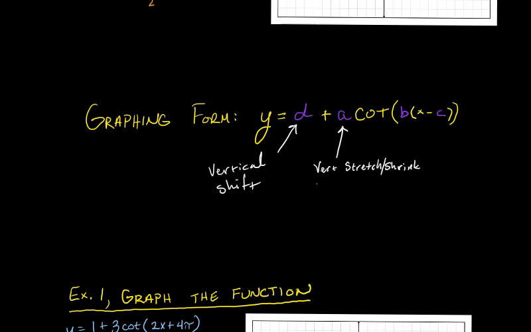And then it also will do reflections if it's negative. B is going to change your period. Make sure that instead of doing 2 pi divided by b, you just do pi divided by b. And then the last one is, remember it's got to be factored, but once it's factored on the inside, that's your horizontal shift or your phase shift.